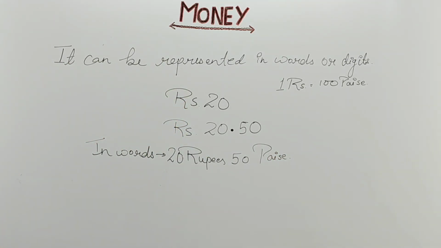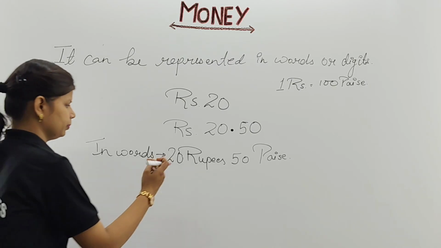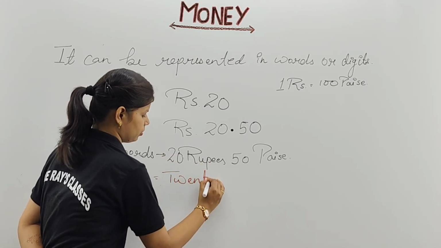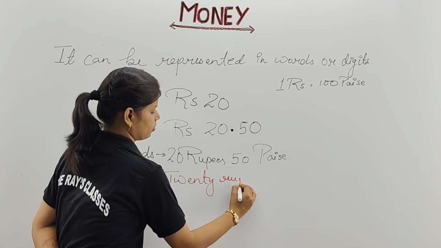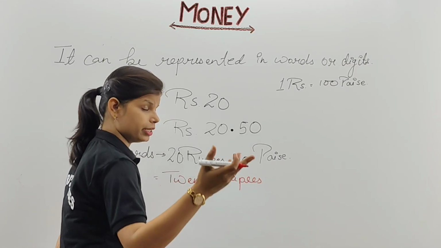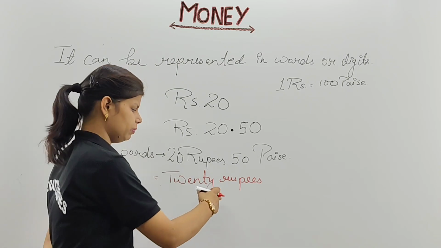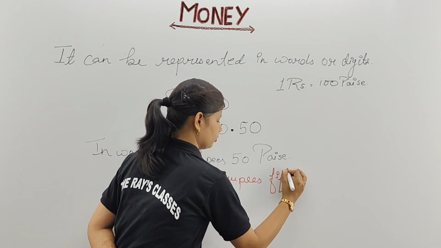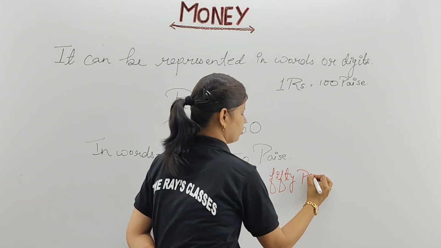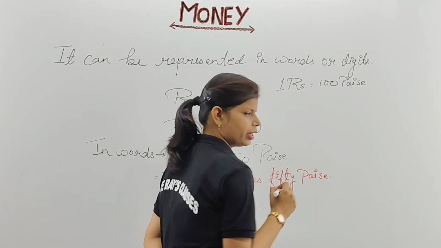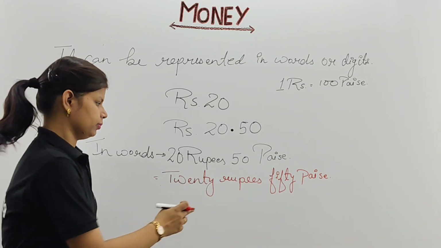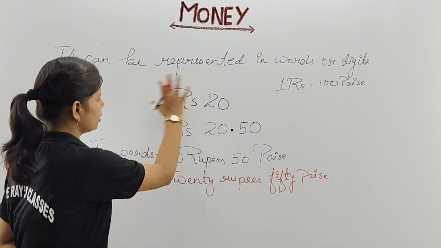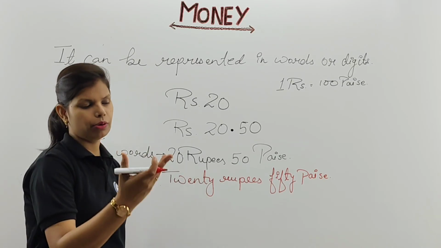Now another way I can write is the complete word, 20 rupees 50 paise. It can also be represented like this as per your syllabus, it is given. That's why I'm teaching these things also. 20 rupees 50 paise. Do you get my point? Clear? So these are just the instructions on how to represent money.